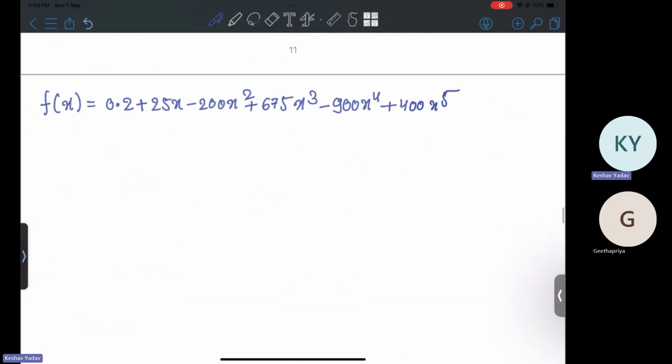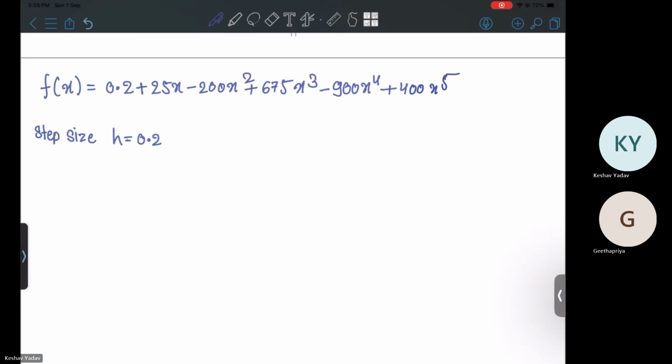Suppose I want to solve for step size h equal to 0.2. I will solve for this and you solve for the other two.